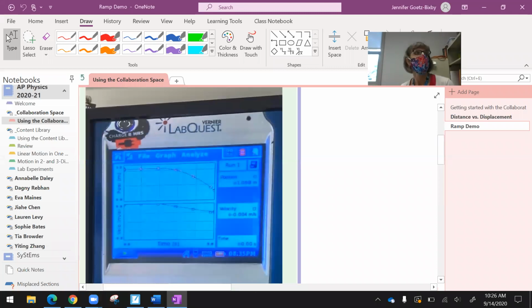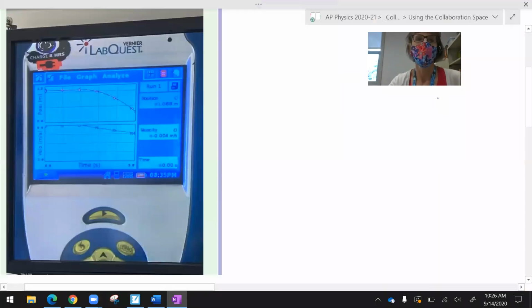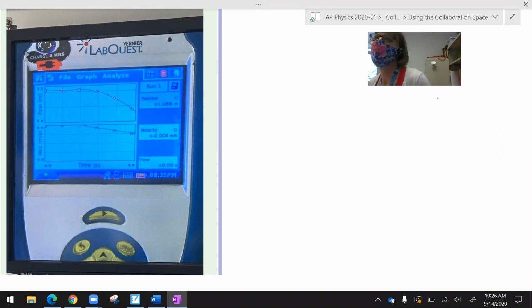What we really want to be looking at here is acceleration. And acceleration is, like Annabelle told us, the change in velocity over the change in time.